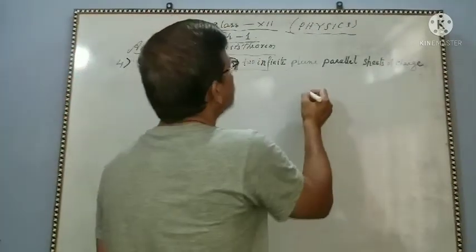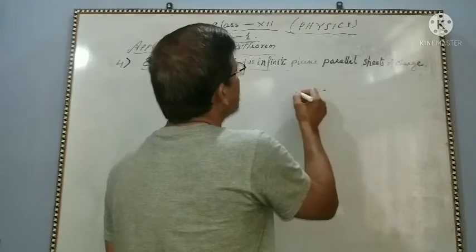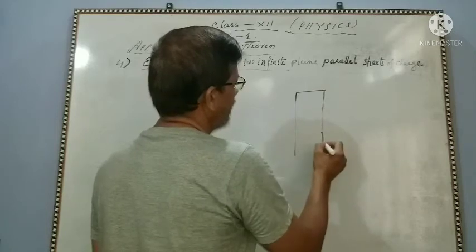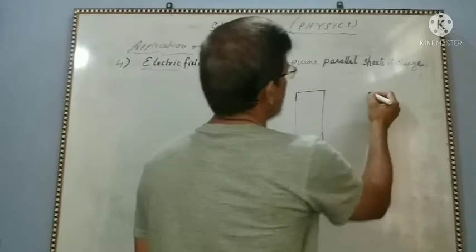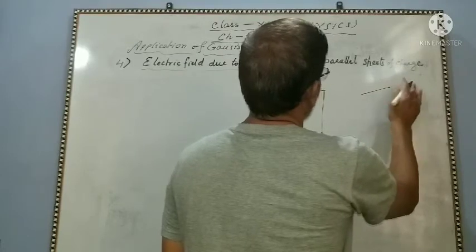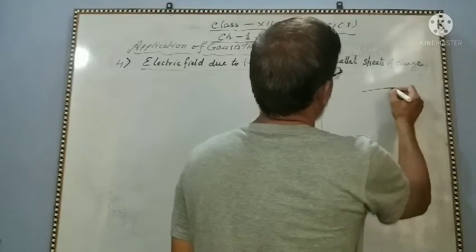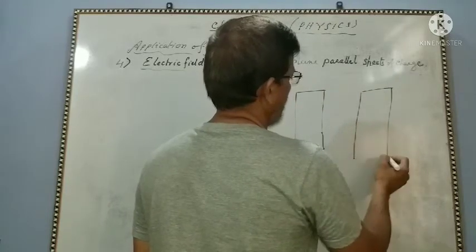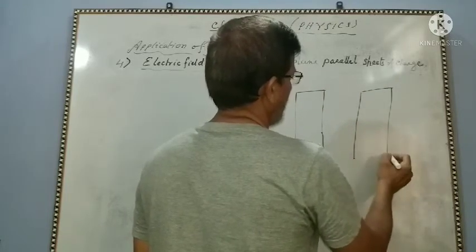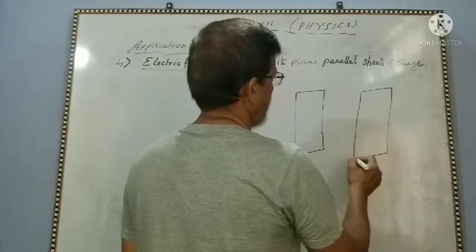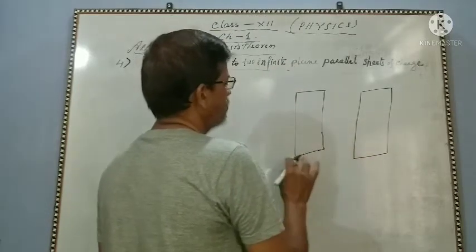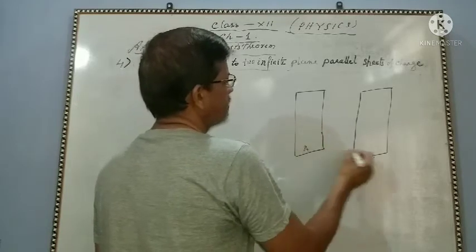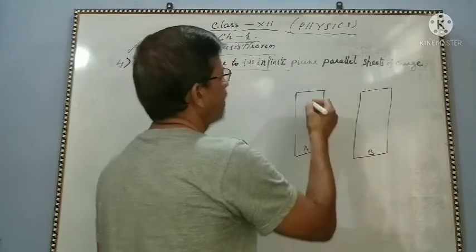So you see, these two sheets, say this is A and this is B. They are parallel to each other.